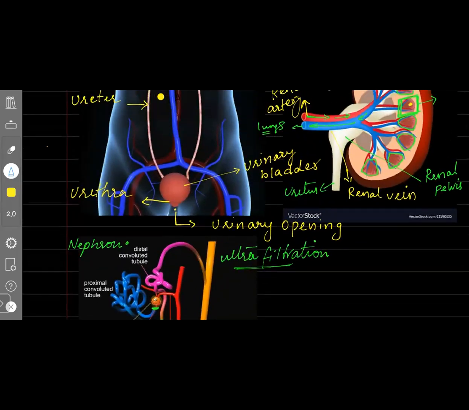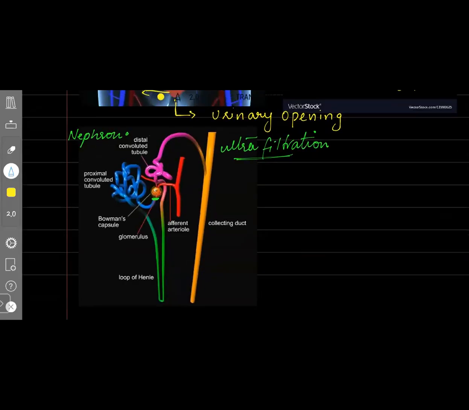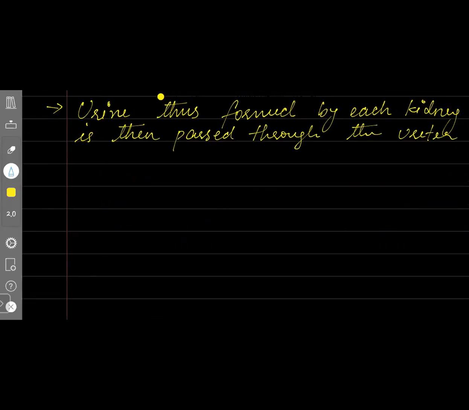You can see that this is the ureter. It comes down through the ureter. What is the ureter?